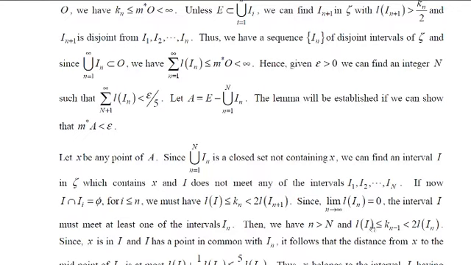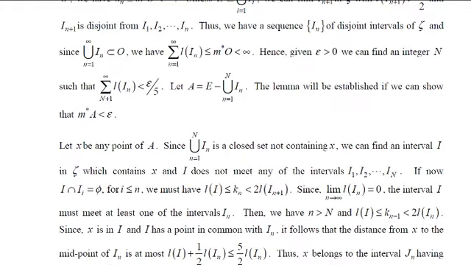But the length of I is less than 2 times the length of In. So this is less than 2 times In plus half the length of In, which is 5 by 2 times the length of In. So the distance from x to the midpoint of In can be at most this. Otherwise, the length would be kn, but we knew that the length cannot be kn. It can be at most kn minus 1.